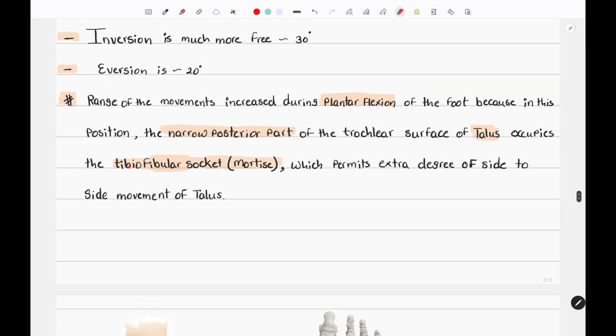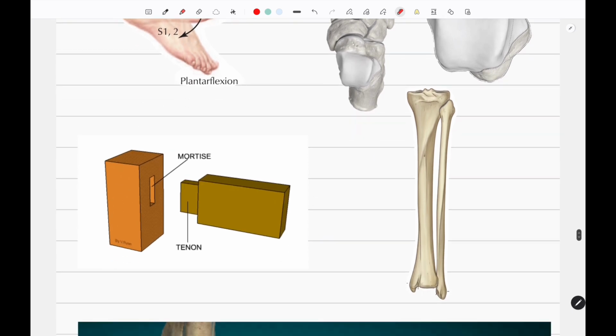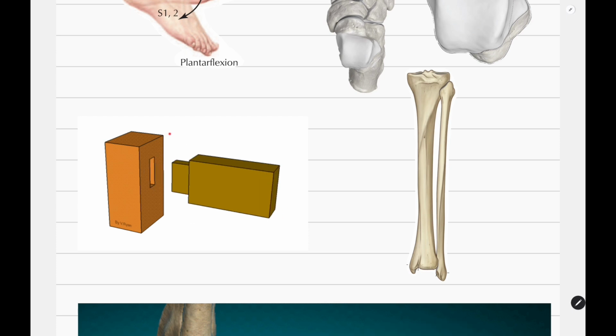Now he says the tibiofibular socket or mortise. So for your kind information, what is the mortise? Mortise is a classical Japanese wood carving technique in which they used to create a perfect symmetrical void, which was called a mortise, and a second portion which goes inside the mortise, called a tenon.